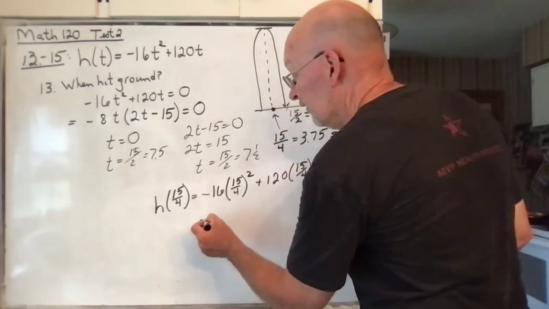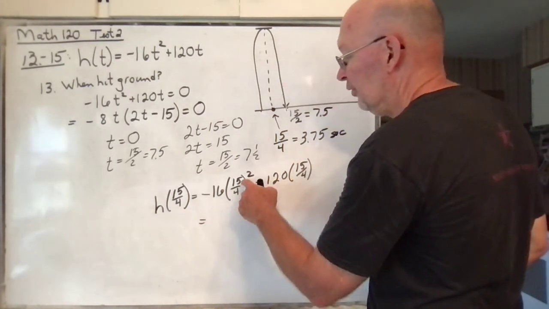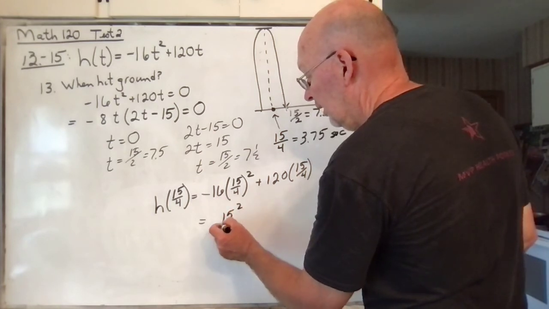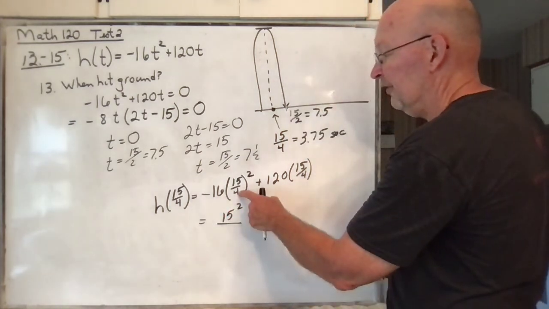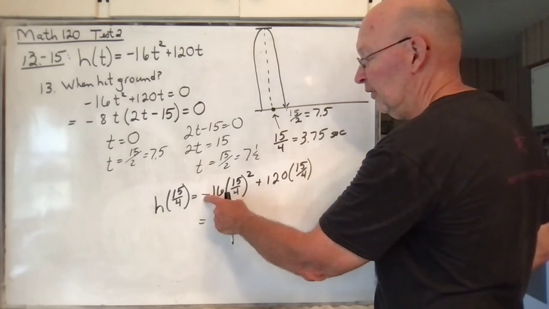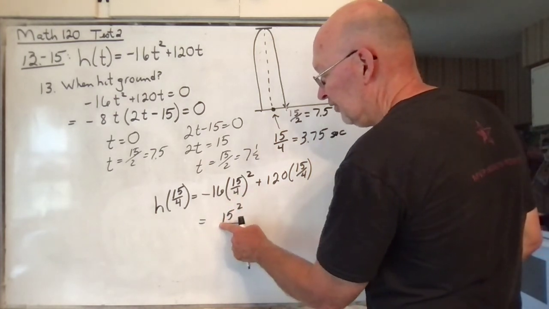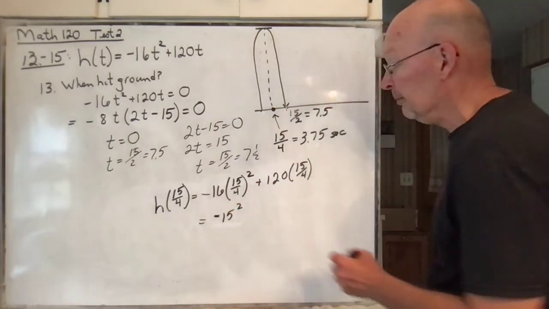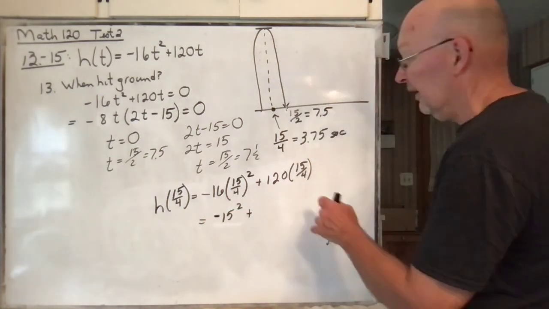This is going to give me 15 squared divided by, well, 4 squared is 16. 16 over 16 is 1. So that's just going to be 15 squared with a negative sign out front.